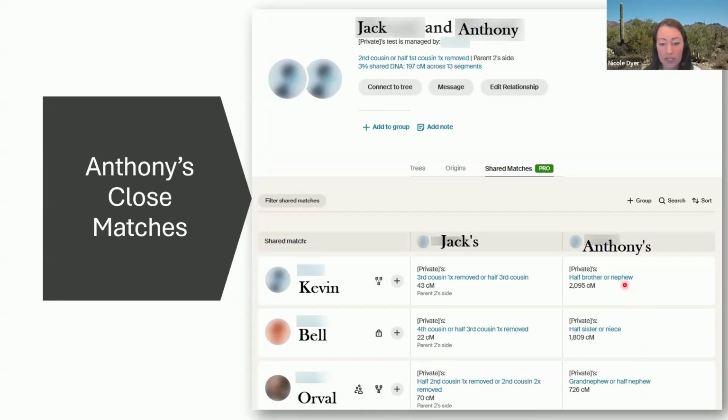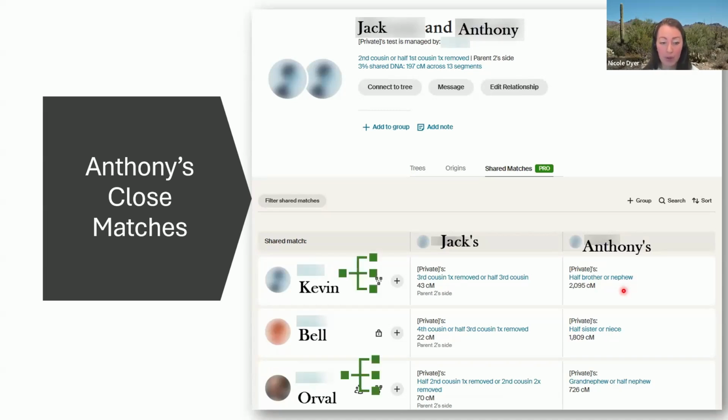First I noticed that the closest match of Anthony's is Kevin, and he is either a half-brother or nephew to Anthony, according to Ancestry's estimate. So Kevin and Anthony are going to be either half-brothers or nephews or uncles or something similar to that.